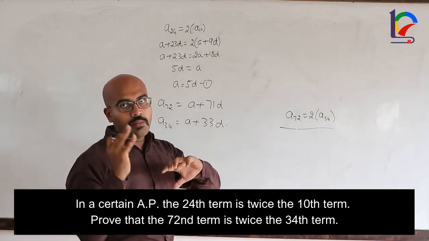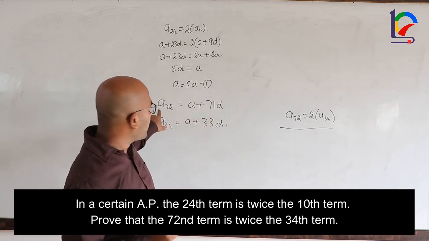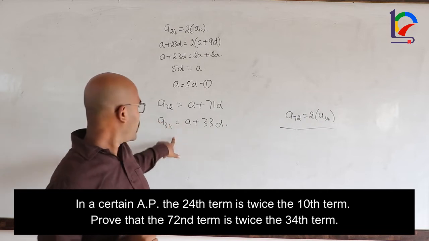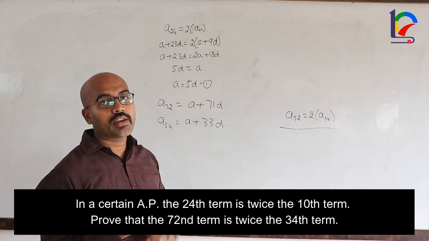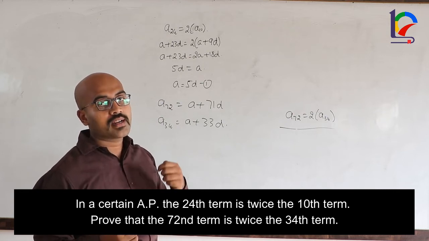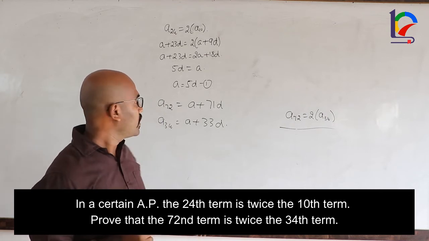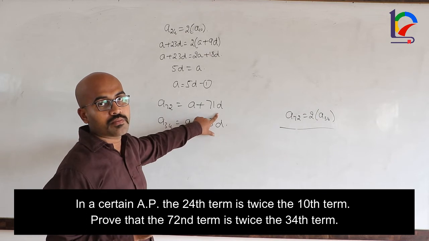When you have such kind of problem, your mind will stop for a moment, because you have got a is equal to 5d, you know the 72nd term and the 34th term, that's it. But how can you solve, or how can you prove? It's a bit tricky, right? At that time, see whether there is any link between these two.